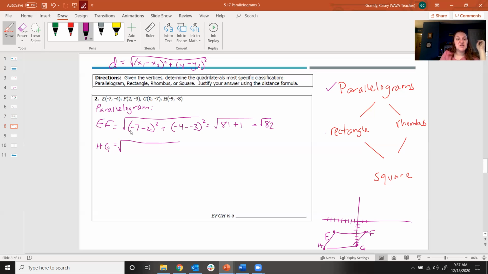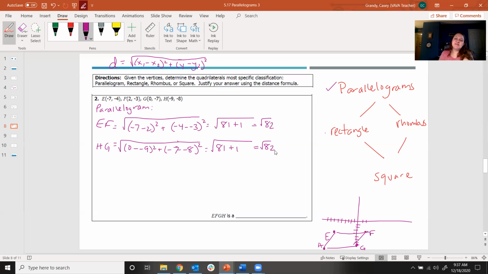Let's find HG. 0 minus -9 squared. -7 minus -8 squared. Got an extra little negative in there. Oops. Okay. So 0 plus 9 is 9. 9 squared is 81. -7 plus 8 is 1. 1 squared is 1. So it's the square root of 82.